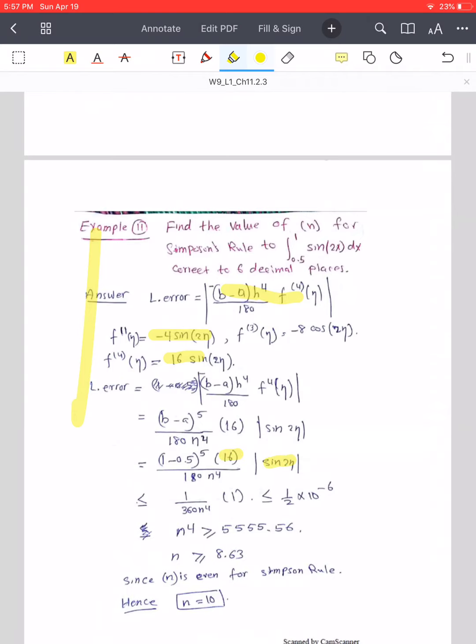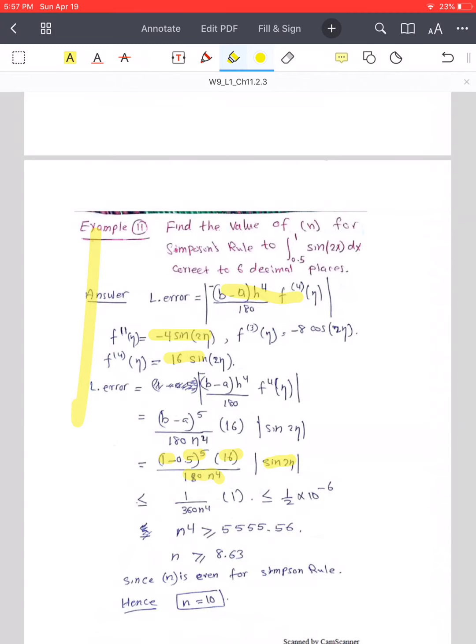At most it is 1. And what about the other one? Just substitute. b minus a, 1 minus a half, and it should be to the power 4, I think, b minus a, or maybe put h as well, which he calculated before. Then divide by this.